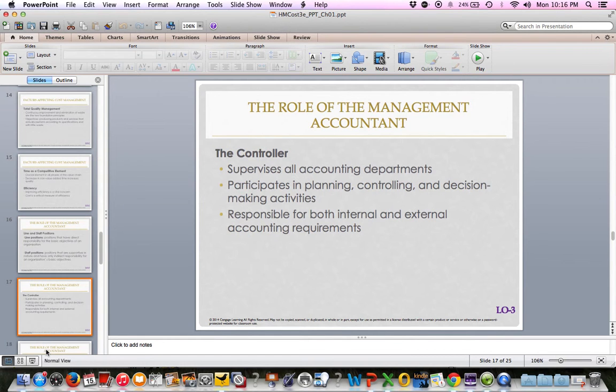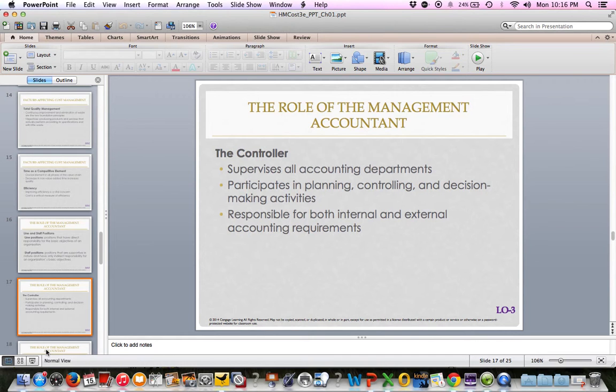The controller of a company, typically the top person or near the top person for a business in terms of the accounting department, typically are supervising all departments. They play an integral role in efficiency in the company, knowing what it costs to manufacture and deliver goods and services to customers, but they're involved in planning.